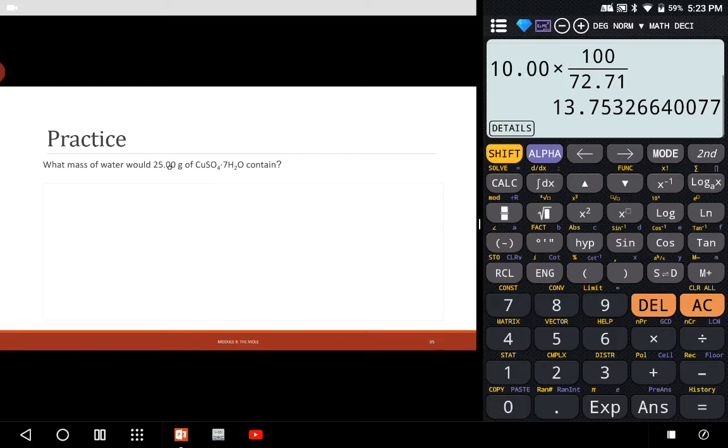So the first thing we're going to do is calculate mass percent composition based on molar masses. And then we'll multiply that by the 25 grams.